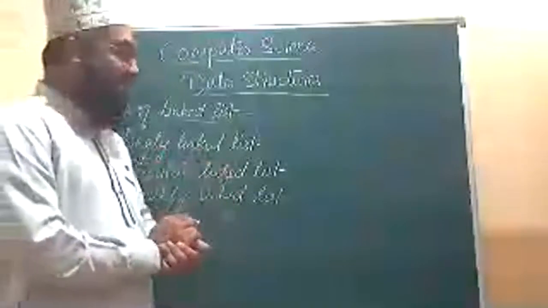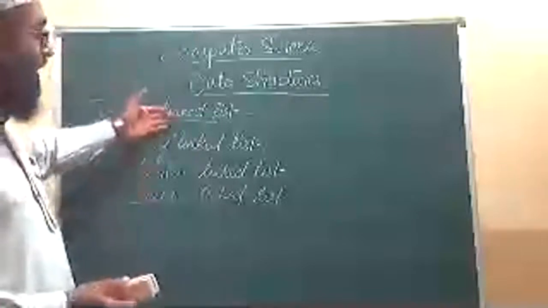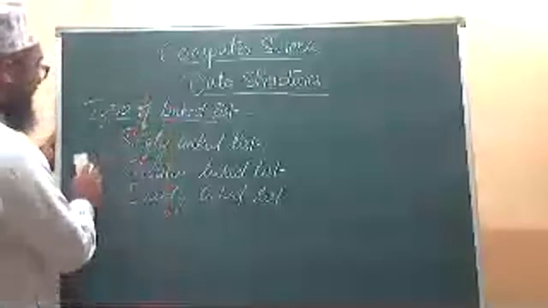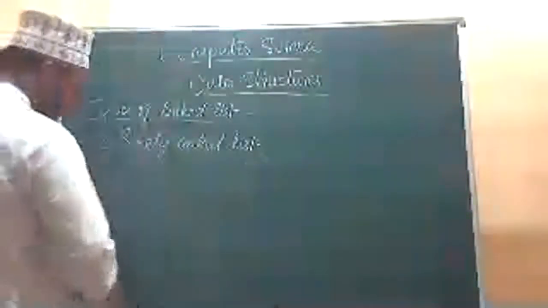Now we are going to discuss these things one by one. What actually is meant by singly linked list? What is circular linked list and what is doubly linked list? First, we shall discuss the singly linked list.